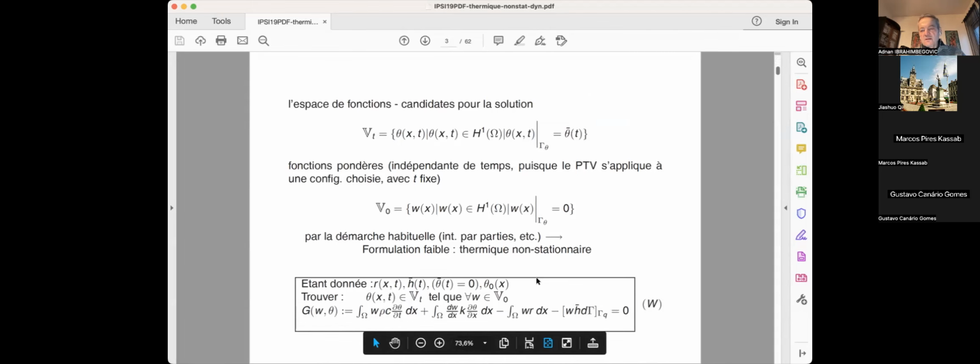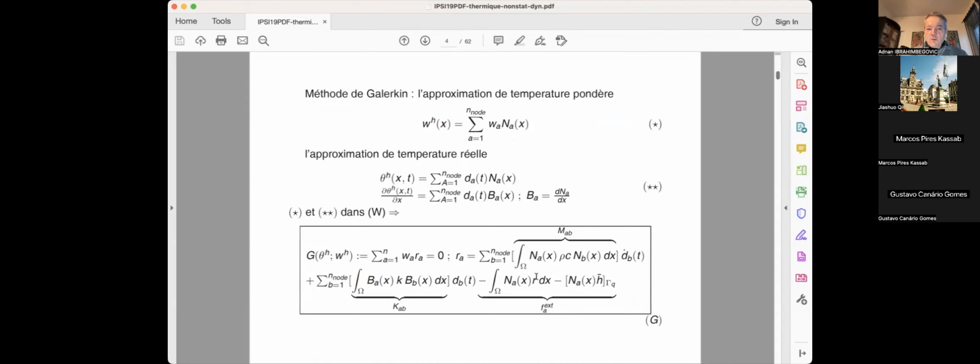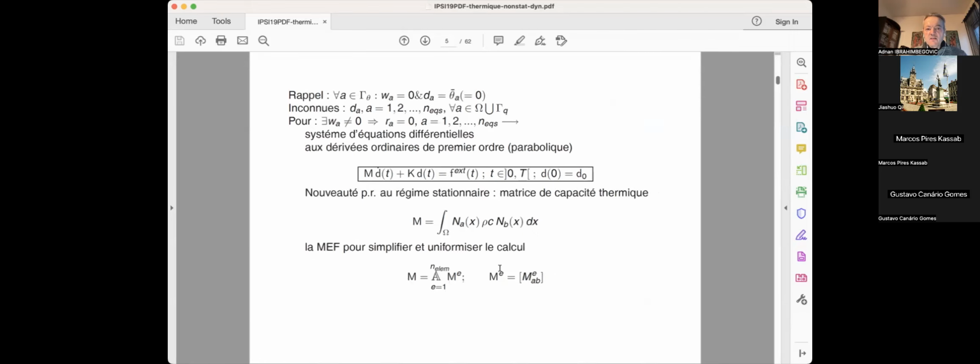In other words, this is sometimes called semi-discretization, because you're discretizing by using the finite element method with respect to space. And then you come up with a Galerkin equation where, contrary to the static or stationary problem of heat transfer, you do not arrive at a set of algebraic equations. You arrive at a set of ordinary differential equations in time.